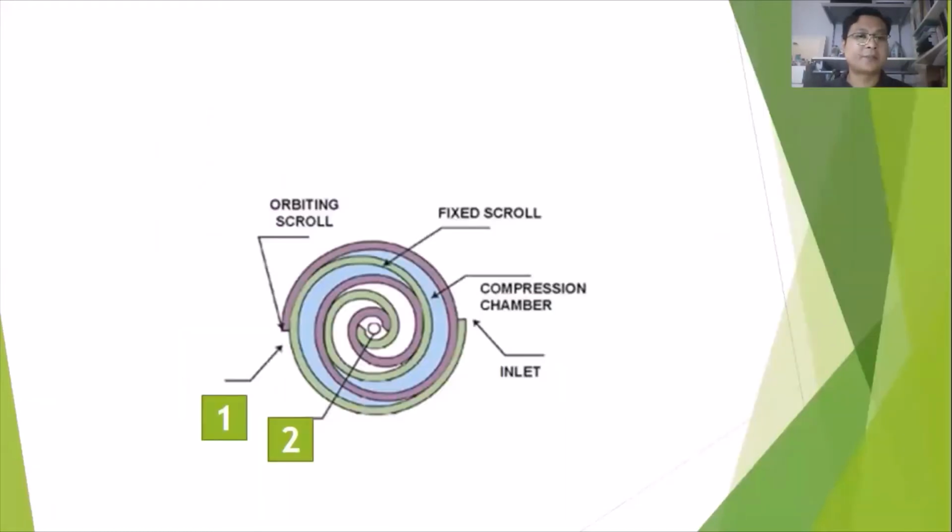Okay, we can see the structure here. We have the part names: orbital scroll and fixed scroll. The fixed scroll is the green one, and the orbital scroll will be moving. The two parts are differentiated by color, violet and green.